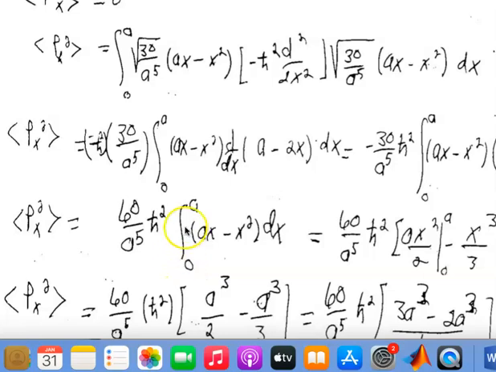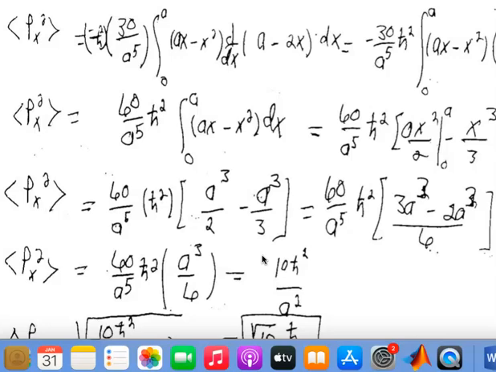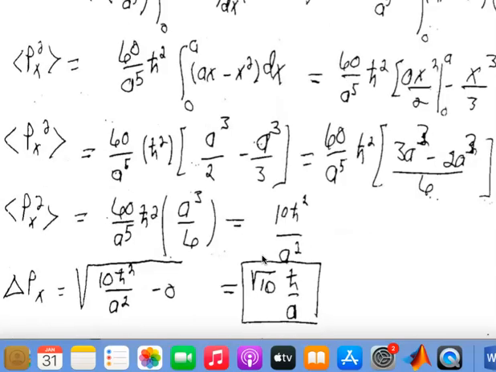Now the integral to be done is from 0 to a of ax minus x squared dx, because you only pick up a negative 2 over there. Now you proceed to perform this integration. You evaluate it at the upper limit minus the lower limit.